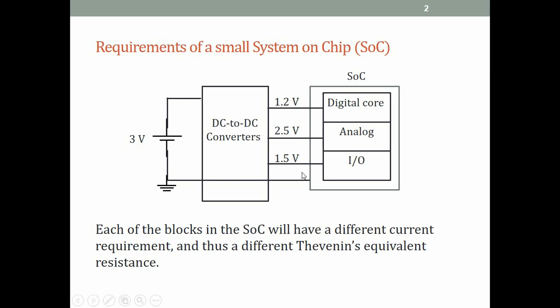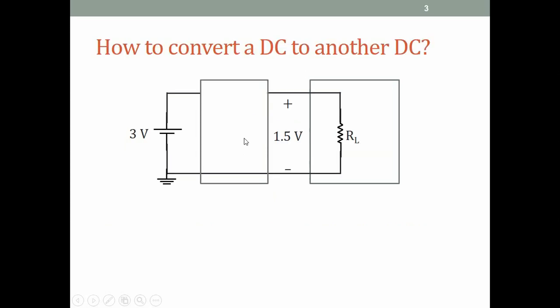So what we are going to do over the next few lectures is discuss the basic design of a DC to DC converter, which is basically an electronic circuit. Alright, so let us start with the very basics. Let us say that we want a circuit that converts 3 volts at the input to 1.5 volts at the output, and whatever this module is can be represented by its Thevenin's equivalent resistance, which we call RL, L for load.